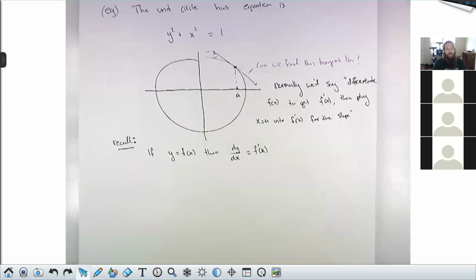So let me just pretend that locally here, I do have some function. I'll say that y is implicitly a function of x in here. Then I can differentiate everywhere through this expression using the chain rule.